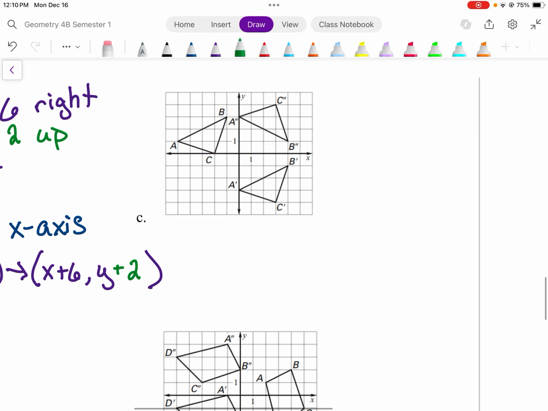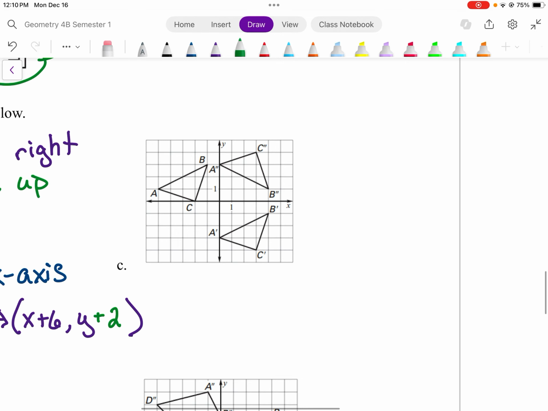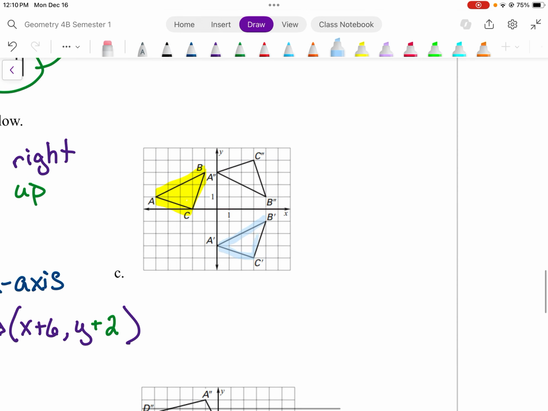All right, so then if we go to C, for this one, we moved quite a bit. This one we start on the left, and then we go down to the right.